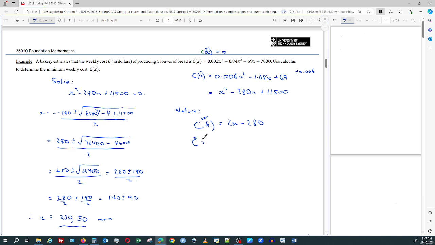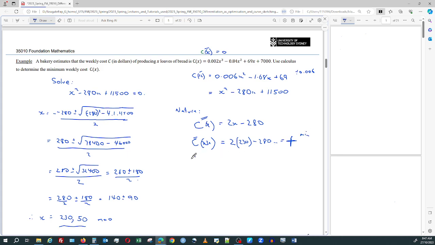So we're going to put in, sorry, not x this time, 230. Everywhere there's an x, we'll put a bracket. Testing the values of x, see if it's a max or a min. Well, I can tell you without doing the calculation, that's 460. 460 minus 280 is still a big positive. Okay, so that one is a min.